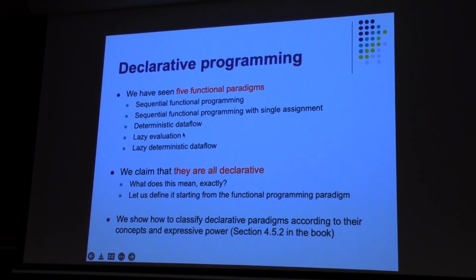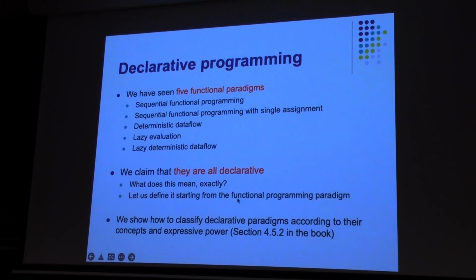We've seen lazy evaluation and laziness. And we combine them to have lazy deterministic data flow. So those are all declarative paradigms. But what does that mean? What does it mean that they're declarative? Well, I want to answer that question. I want to tell you, really, we want to go into that.